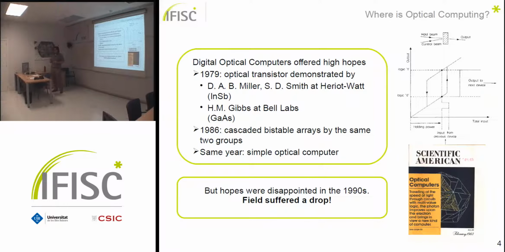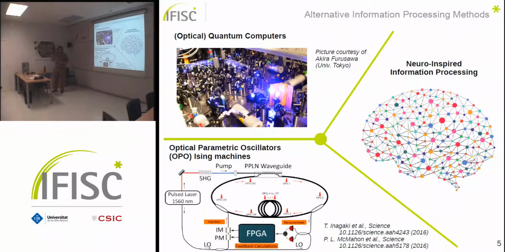This was mostly because the optical transistor was not a match against the electrical transistor. The electrical transistor was too good at what it does. So people stopped using optical transistors to build computers. But that does not mean that optical systems cannot process information. That just means that maybe optical systems are not the most suitable field to build optical computation based on transistors.